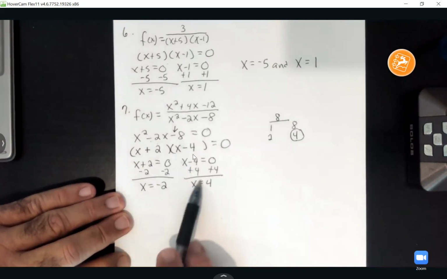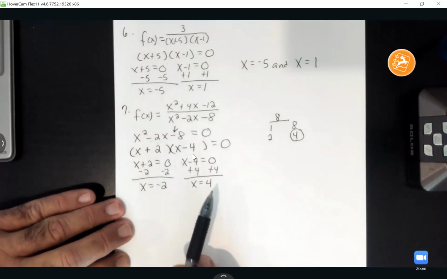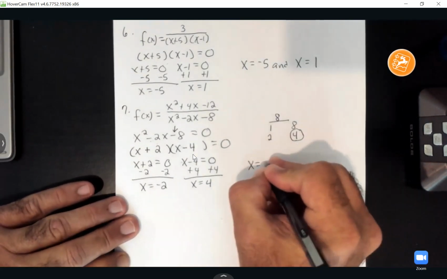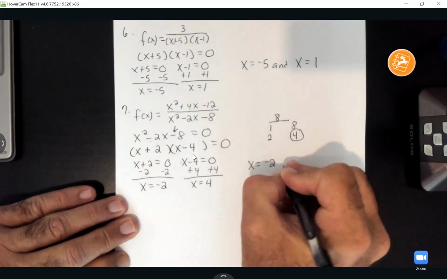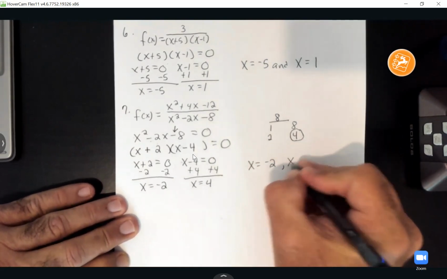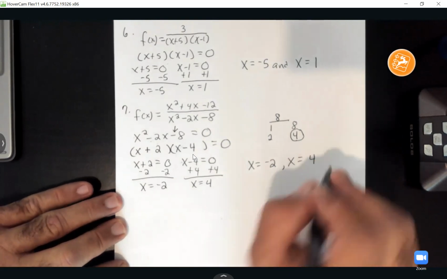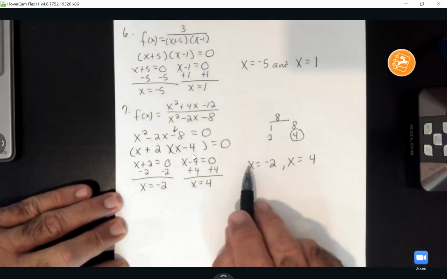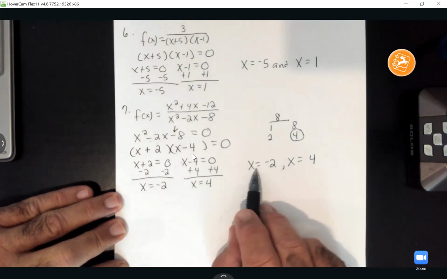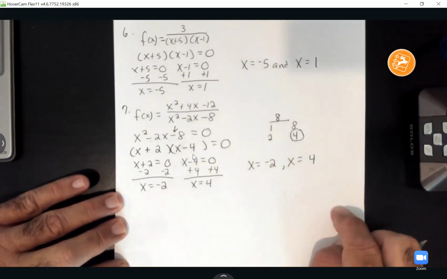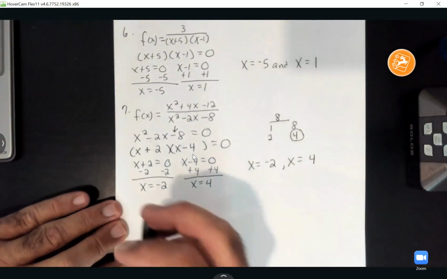But you got to work them out and get the signs changed. So, y'all, this was another one that did it like this. X equals negative 2, comma, X equals a positive 4. Now, be careful. Some of them, they put Y's on them. But remember, vertical lines are always X's. The horizontal lines will be the Y's later, okay?